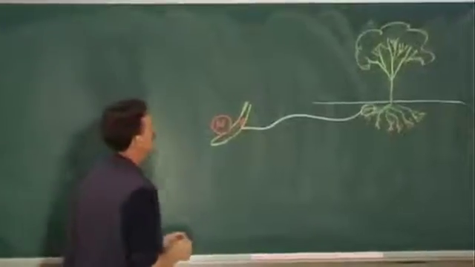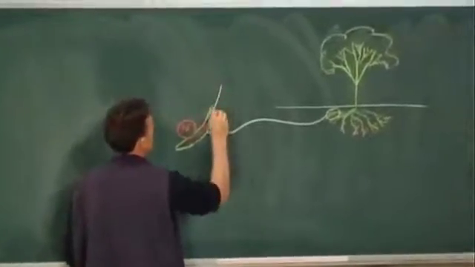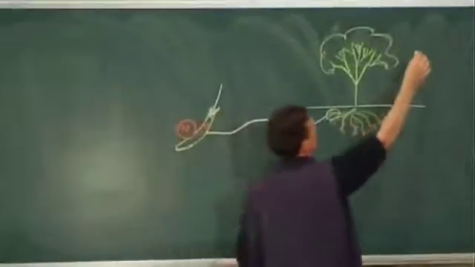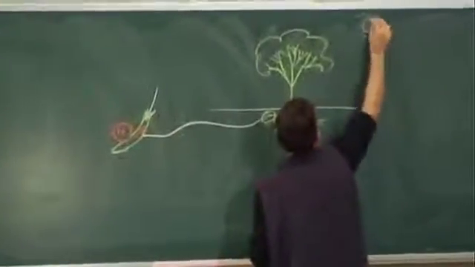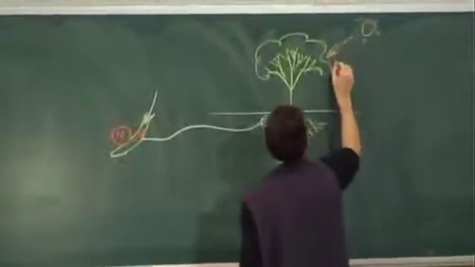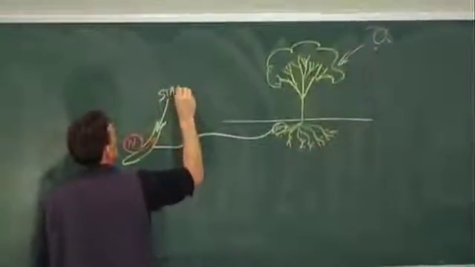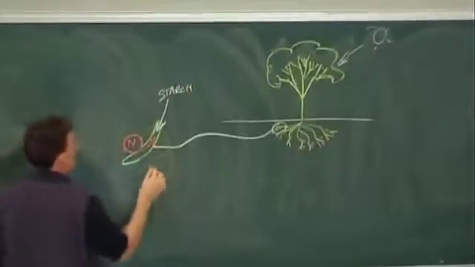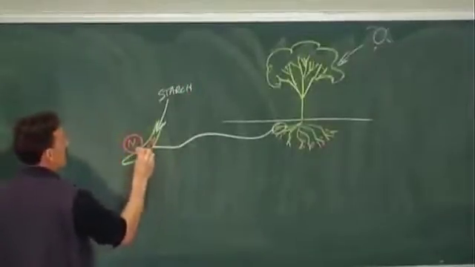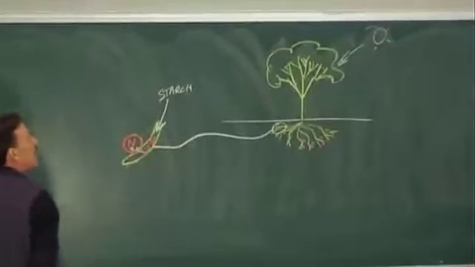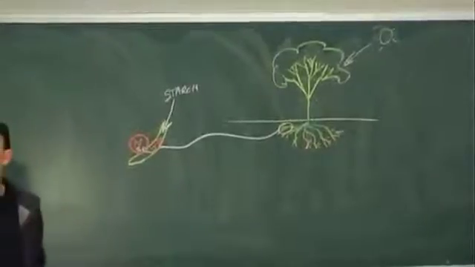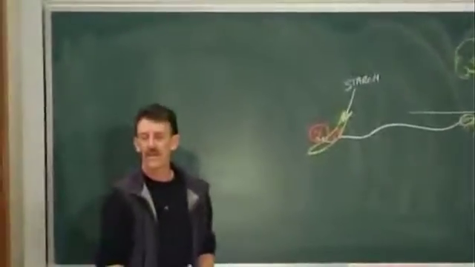And then the tree produces starches and sugars through photosynthesis, from the sunshine, so it has starches and sugars that it gives. It gives starch to the colony, or they take it.